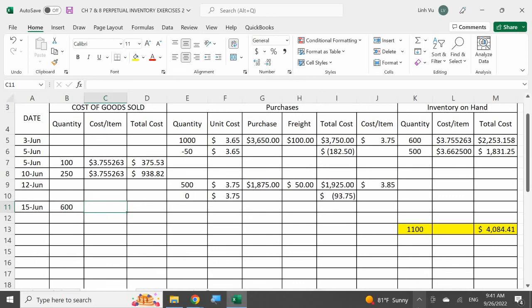It would be at $3.6625. How many can we actually sell from that batch? Can we sell all 500 units? We can sell all 500, but you have to dip into the other one.